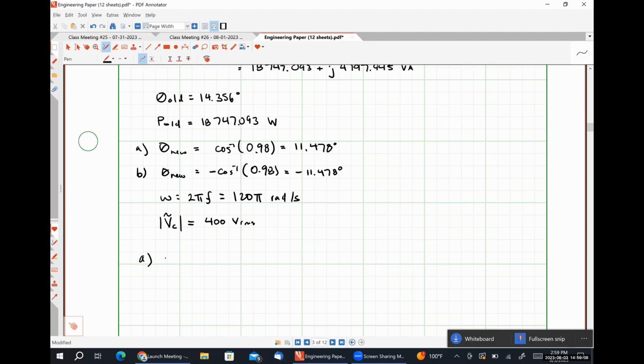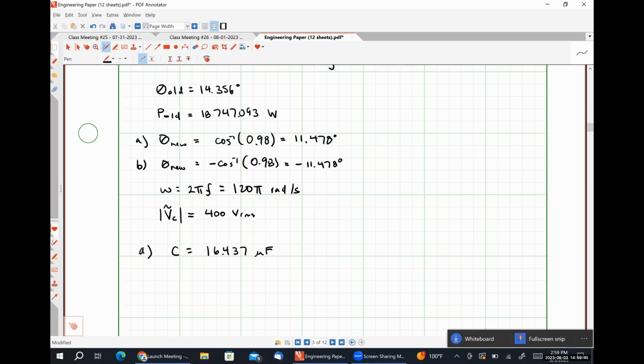All of that gets divided by 120 pi times 400 volts squared. And we wind up getting C is equal to 16.437 microfarads would correct our power factor to 0.98 lagging.